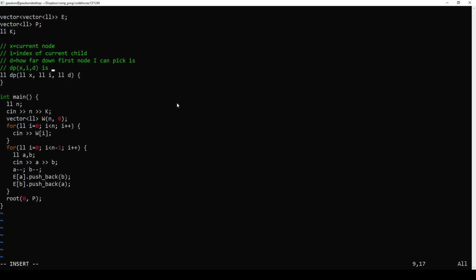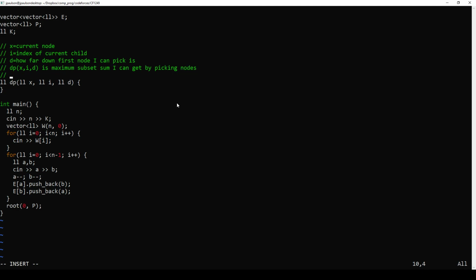So, this is the maximum subset sum I can get by picking nodes from the first.